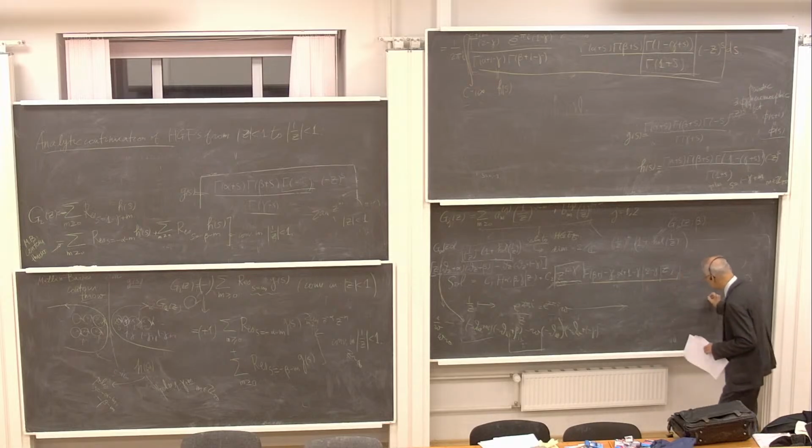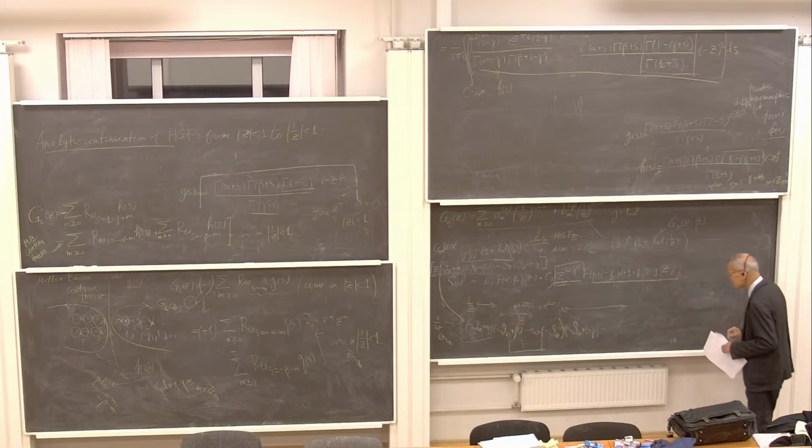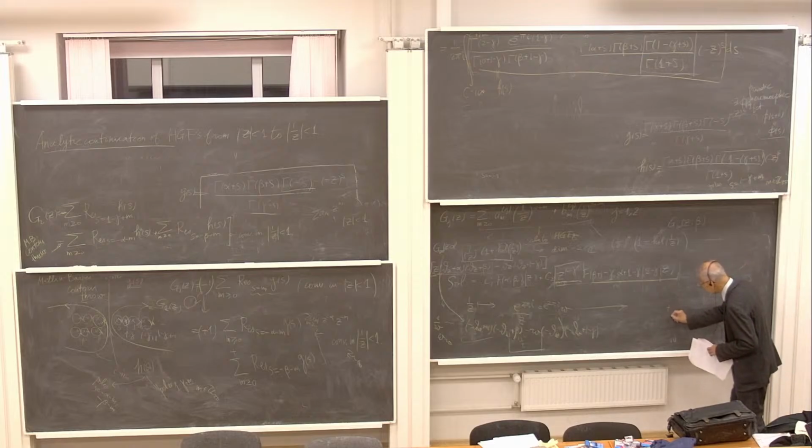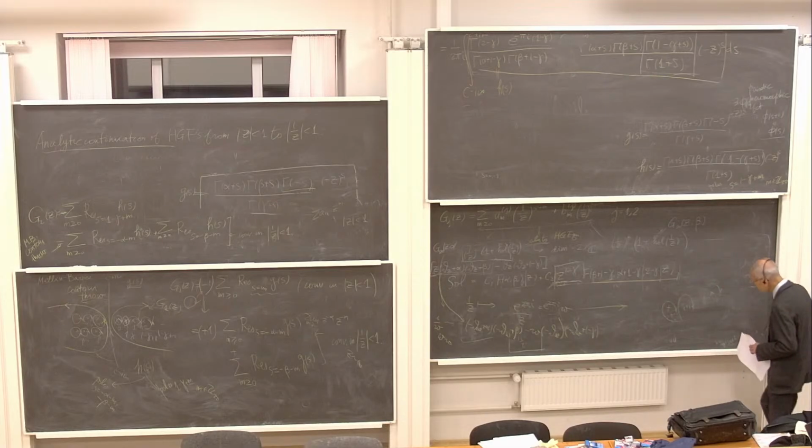Simplest way to understand is around z equals 0, 1, and the positive turn is like this around these points.